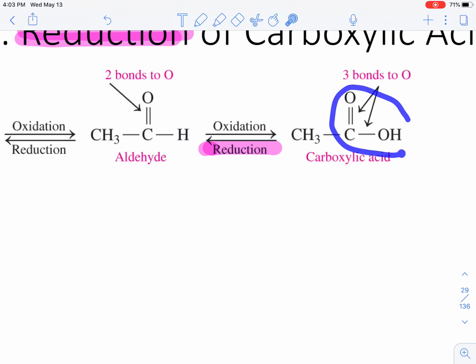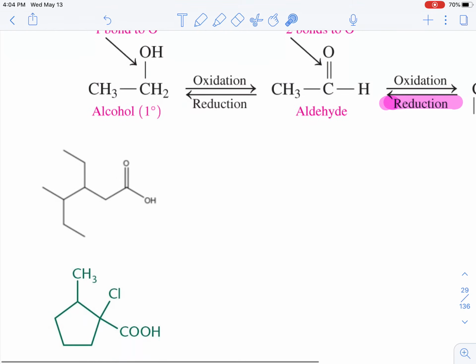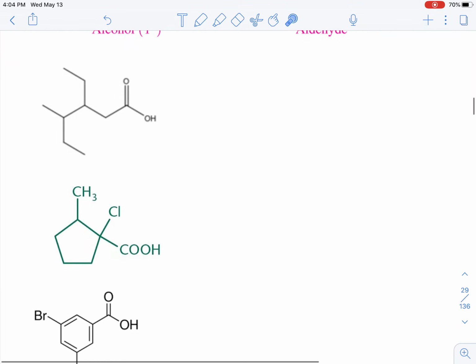Since carboxylic acids are terminal functional groups, it makes sense for the functional group that it's going to produce after reduction to also be terminal. The only terminal functional group besides the carboxylic acid is the aldehyde. So wherever you see a carboxylic acid, you're going to convert it into an aldehyde.